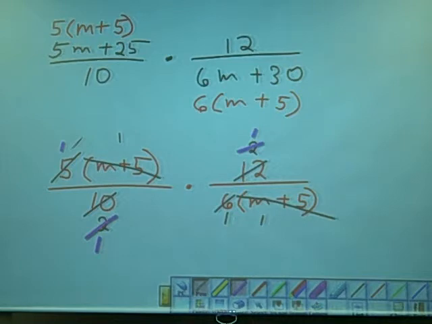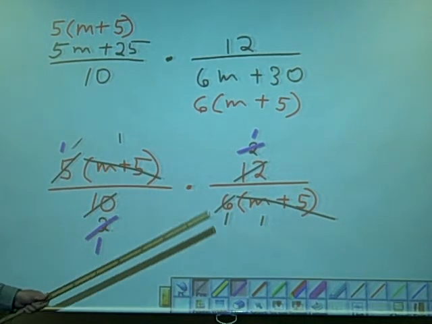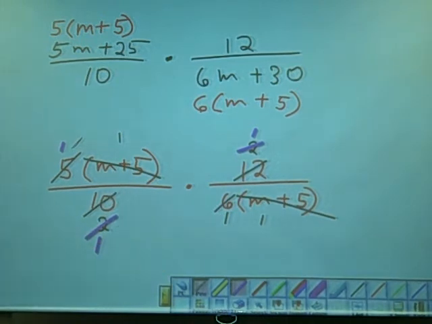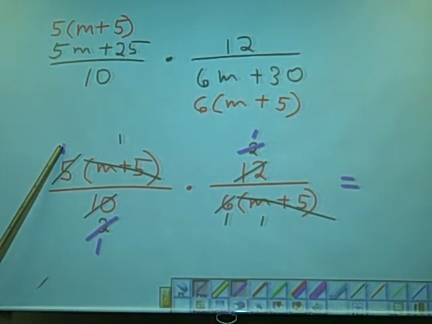So the purpose of putting a 1 here is, when everything cancels, what's left? Dylan? The 1? Yeah, 1. Because 5, that cancels into 10 2 times. 5 goes in itself once.